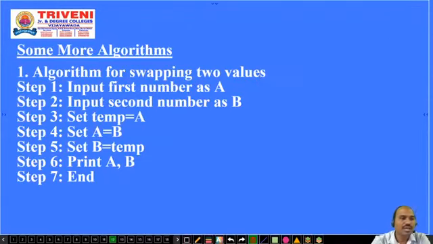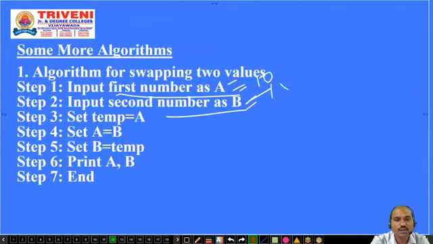Here is another example of swapping two numbers. First step, input the a value, and next the second value, the b value. Here a is 10 and b is 15.